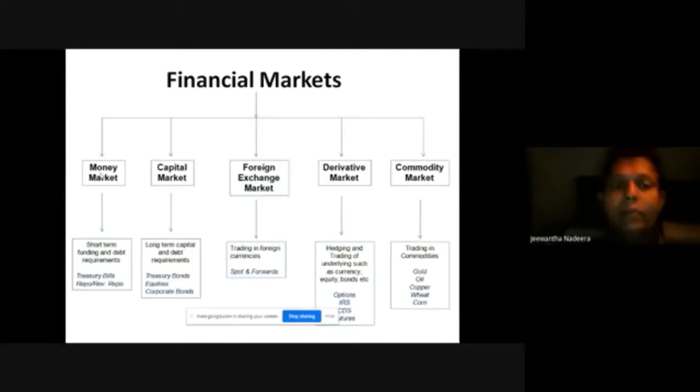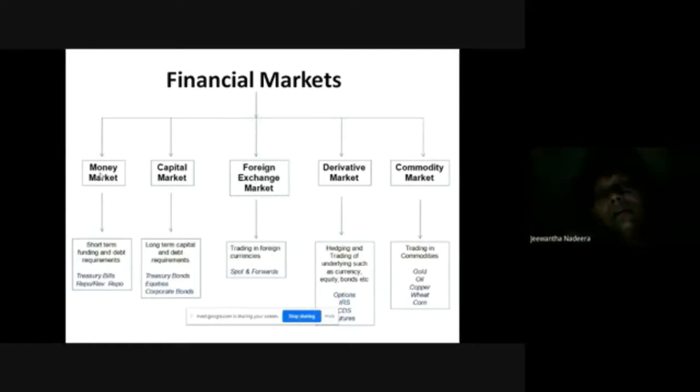And again, you will be having capital market. That is generally more than 1 year. We'll be learning treasury bonds and equity. Now somebody can ask, is a treasury bond always more than 1 year?